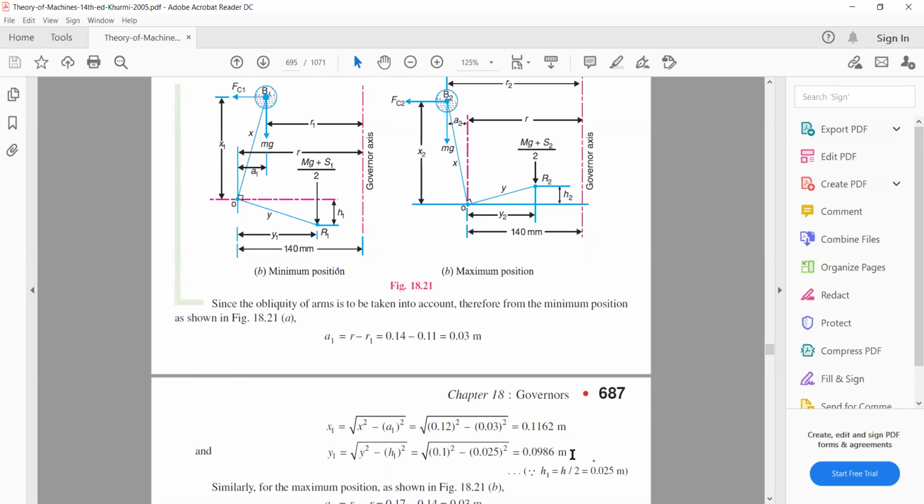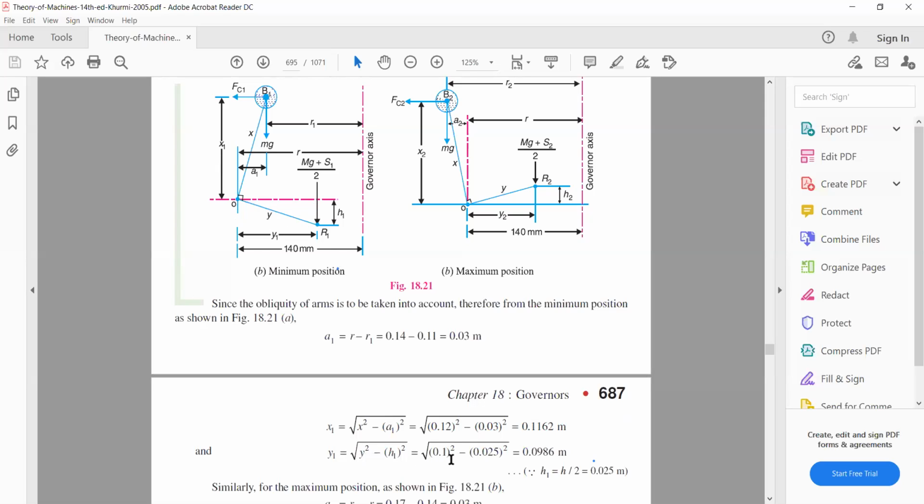Similarly, to find y1, let us assume the triangle. In this triangle, y1 equals the square root of y square minus h1 square.